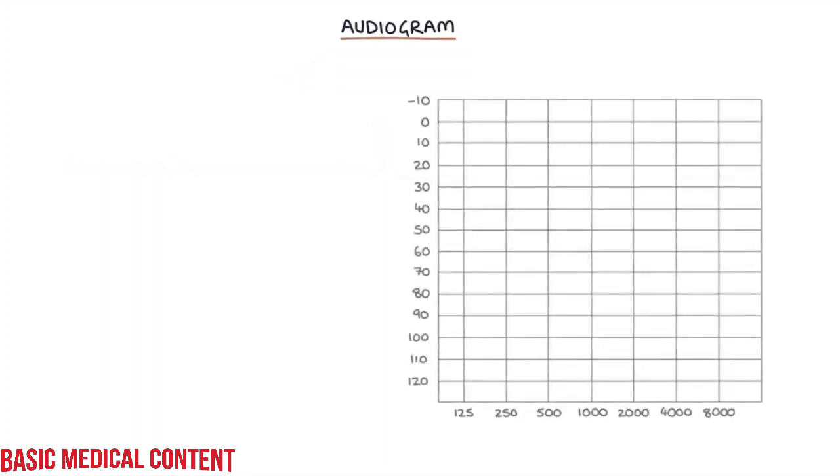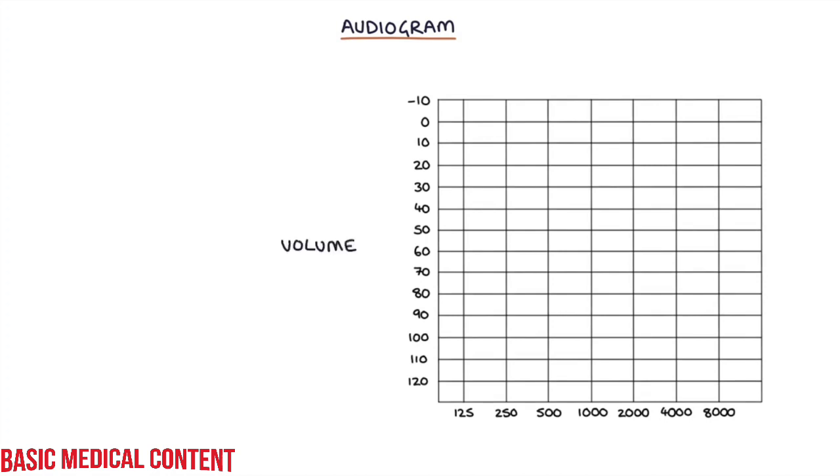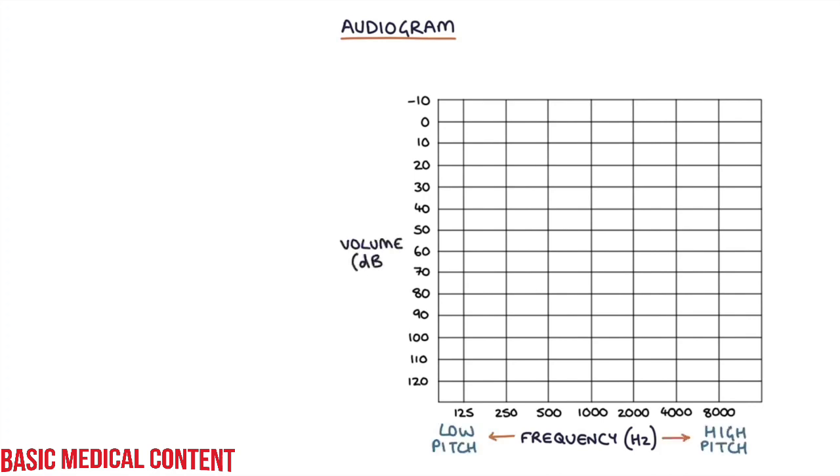Let's talk about audiograms. Audiograms are charts that document the volume at which patients can hear different tones. The tone is measured as frequency in hertz, which is plotted on the x-axis, from low to high-pitched. The volume is measured in decibels, which is plotted on the y-axis, from loud at the bottom to quiet at the top.